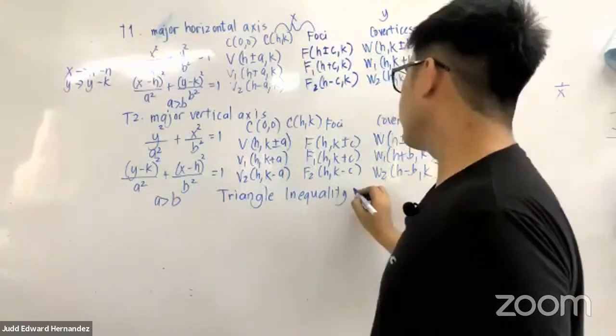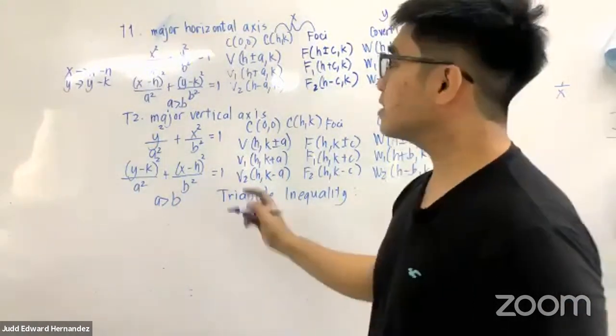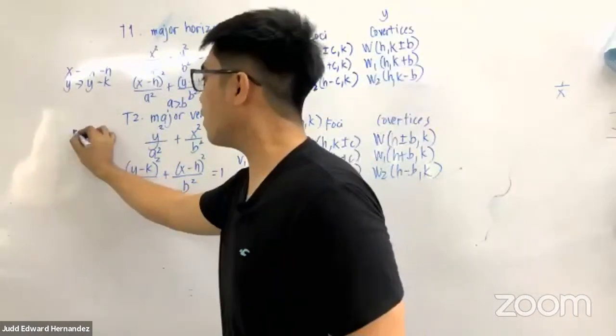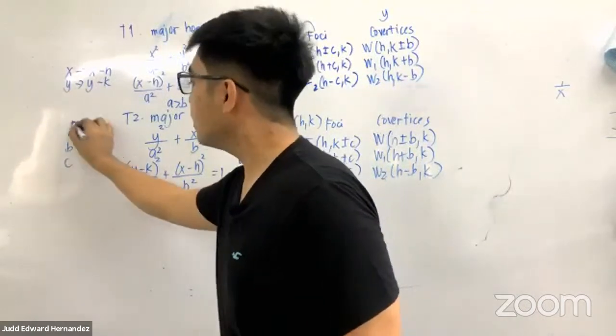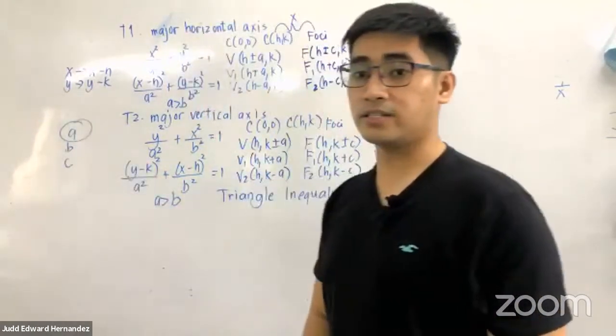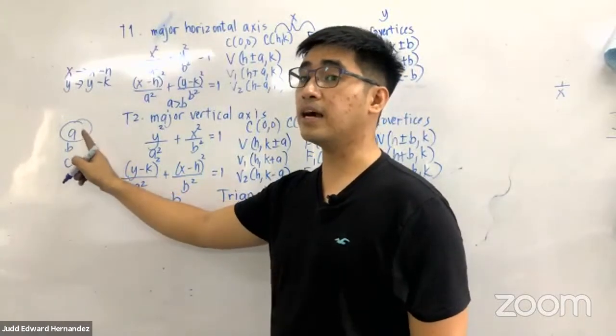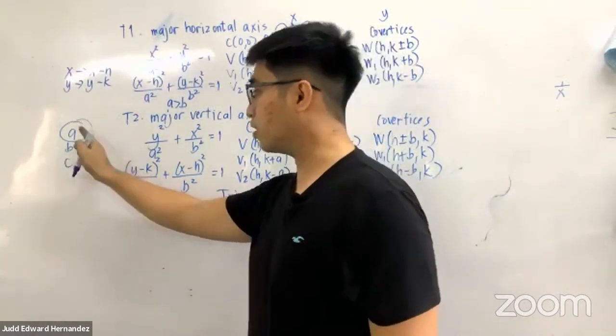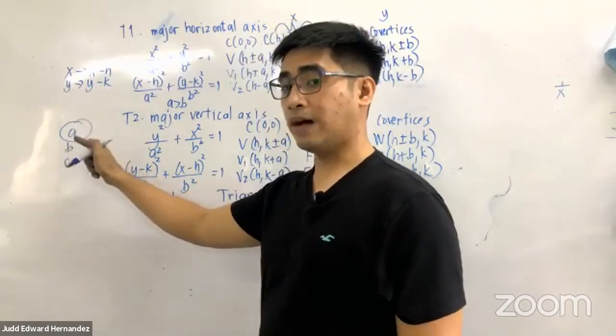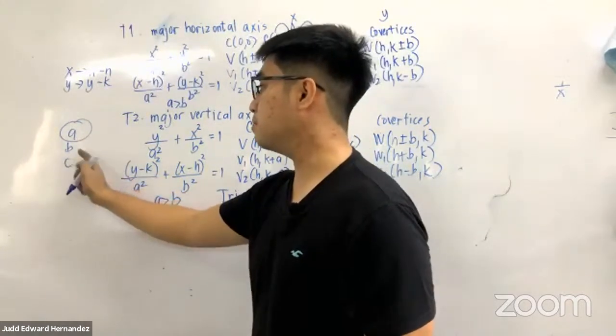And sa triangle inequality, we have three variables A, B, and C. A is always the largest. Or siya yung pinakamahaba. A is the longest among the three quantities, A, B, and C.